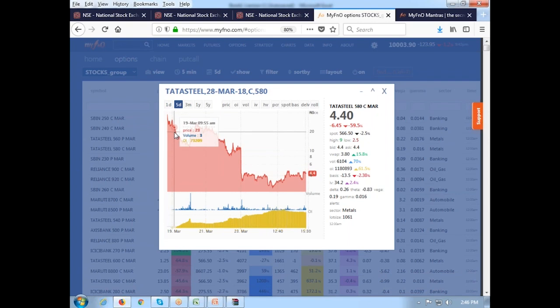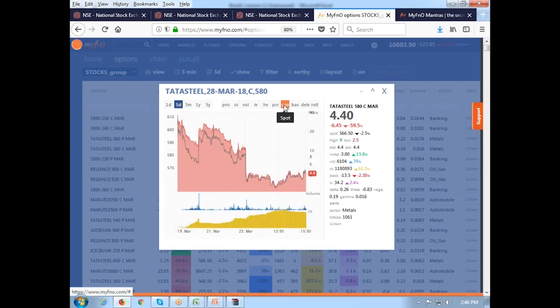The Tata Steel call option of 580 has come down from 25 rupees to 4 rupees currently. The OI has risen like this, and this is the volume in the contract. And if I superimpose the spot price there, it shows me the behavior of spot price versus Tata Steel option price.